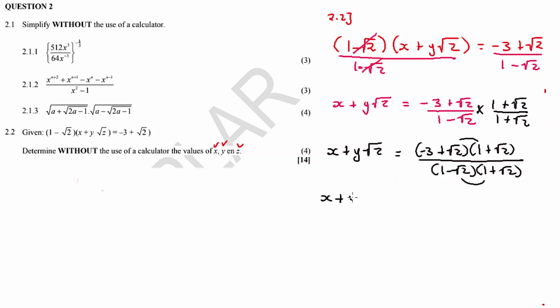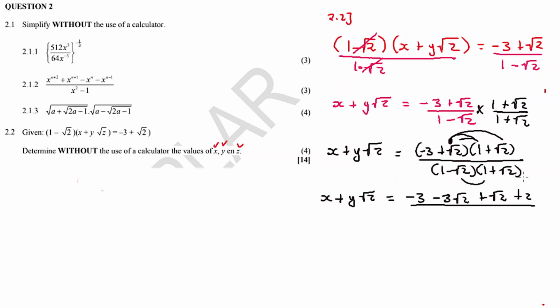The numerator we have no choice but to foil. Minus 3 times 1, negative 3. Minus 3 times that square root 2, it's minus 3 square root 2. Then the square root 2 multiplied by 1, I'm getting a square root 2. Then the square root 2 times the square root 2, ngithola plus 2.